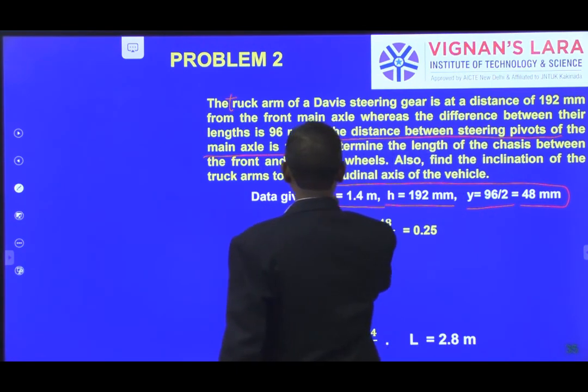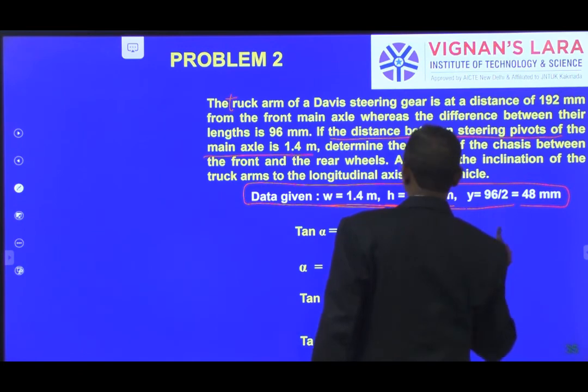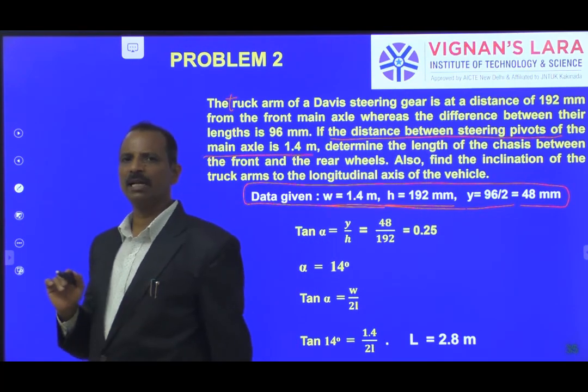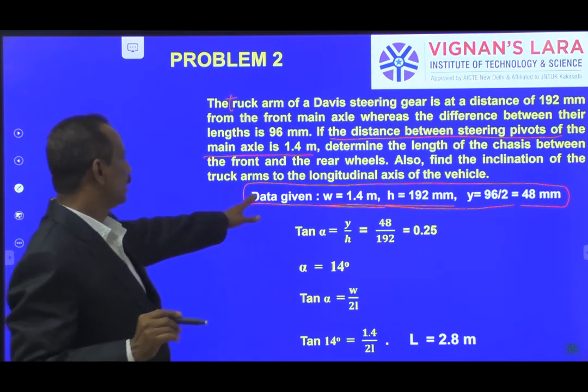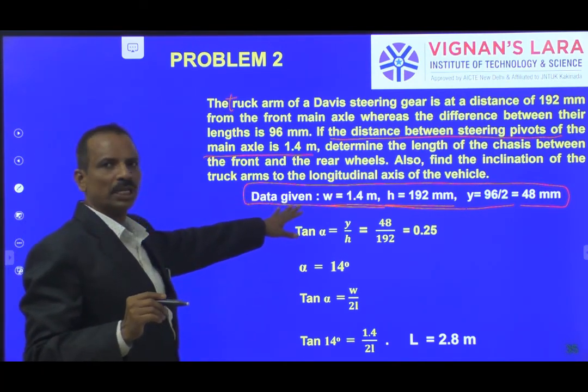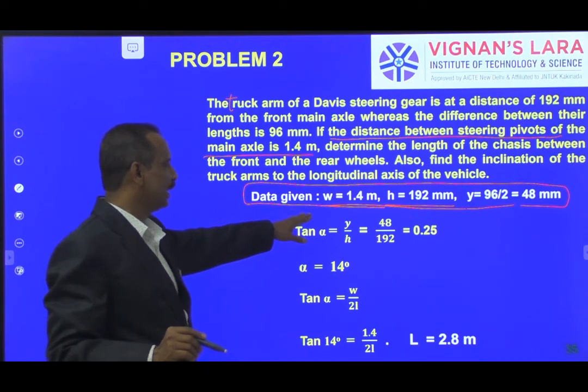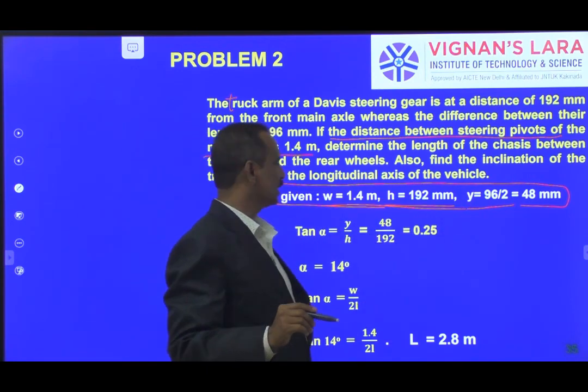So this data is given, but it is given in statement form. We have to convert it into the standard terminology which we are using: the width of the track, height and y distances.